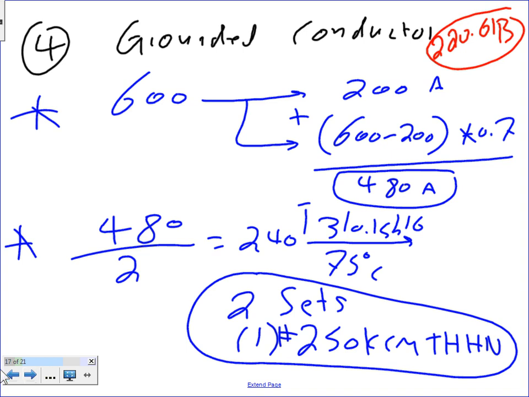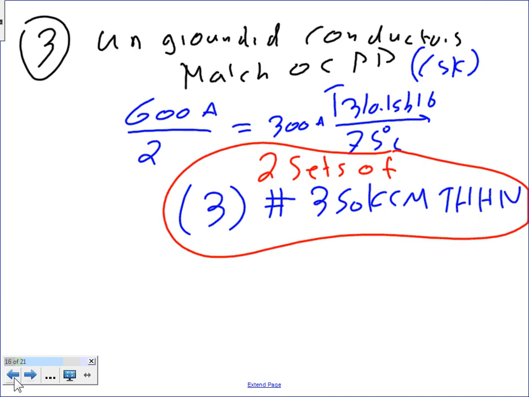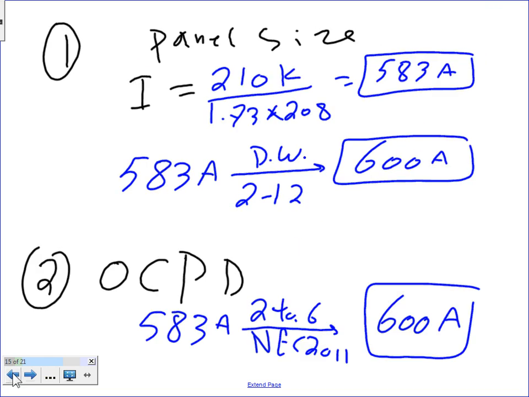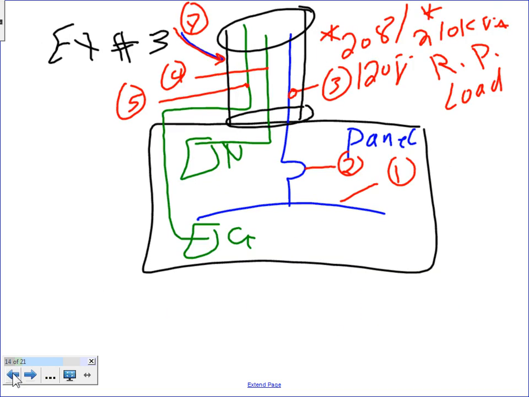Can I go back to my diagram, guys, and just adjust a few things? Did we use 7 for, what did we use 5 for? No, not before, grounding electrode conductor. So what I'm going to do, guys, is make dotted lines here where it's not needed.